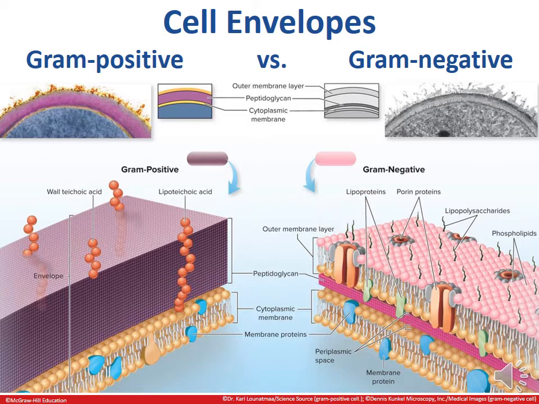What determines their gram status is actually the structure of the cell wall. So if you look here on the left, we're going to see gram-positive cells have a very thick layer of peptidoglycan. The ones on the right, the gram-negatives, have a very thin layer of peptidoglycan and that outer membrane. So we're going to look at the structures associated with each of these.